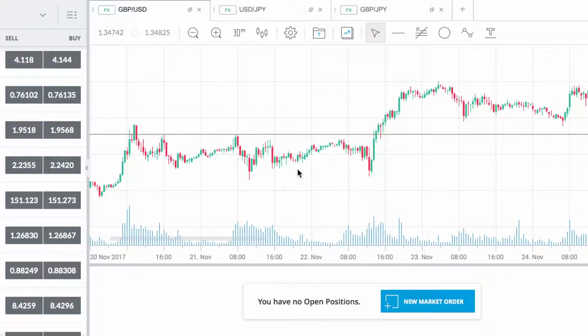As we all know, resistance has to be touched twice, and then any time after that it could break through. In this case, it broke through here, on this candle here, so the third positive candle on this rally up, and it kept going.